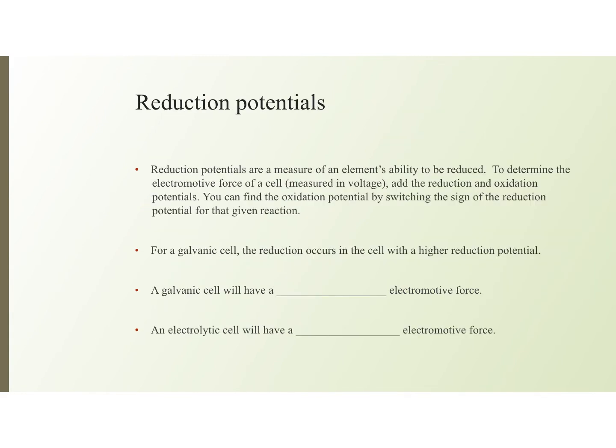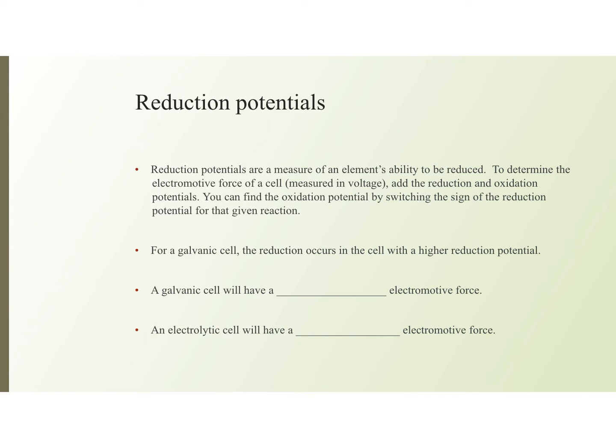So the last part of the lecture regarding electrochemical cells and electrochemistry is reduction potential. Reduction potentials are a measure of an element's ability to be reduced relative to another element's ability.